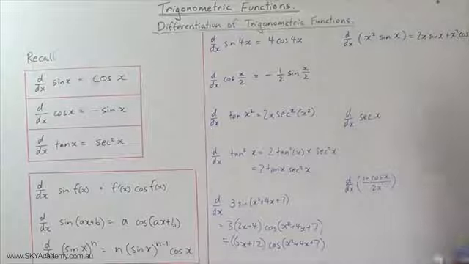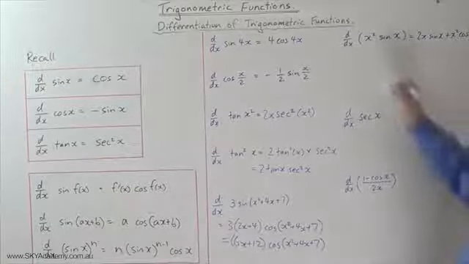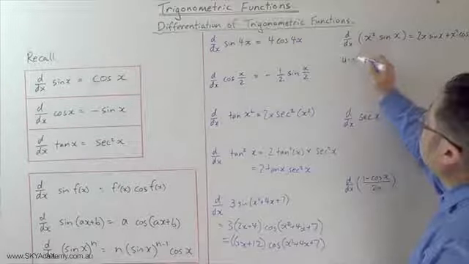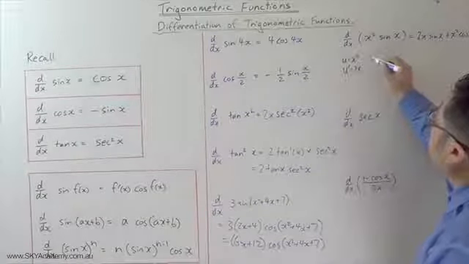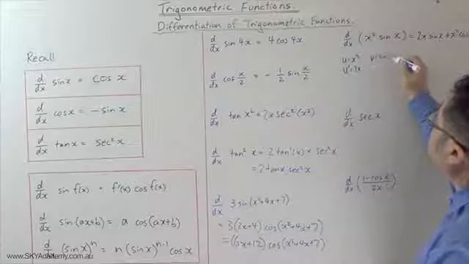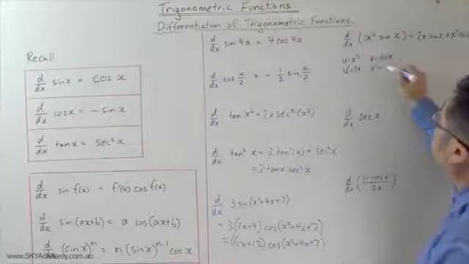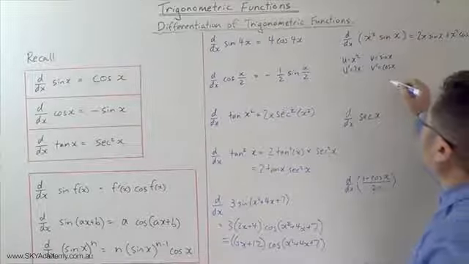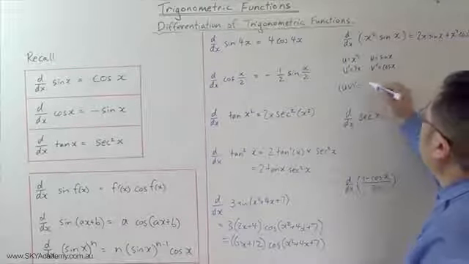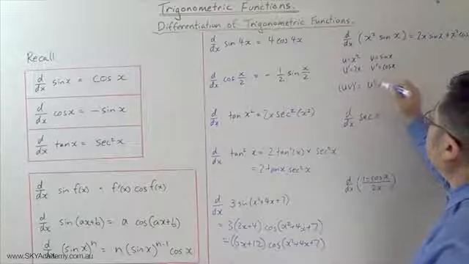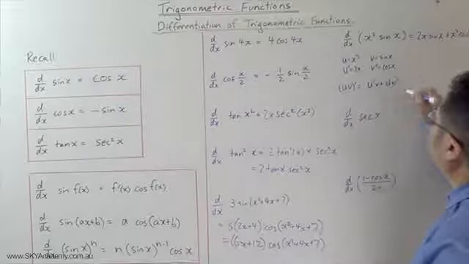That's your answer, because u equals x squared, u dash equals 2x, v equals sine x, v dash equals cosine x. The differential of uv is equal to u dash v plus u v dash.